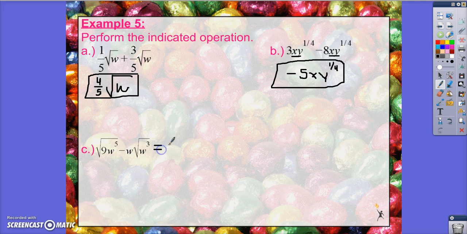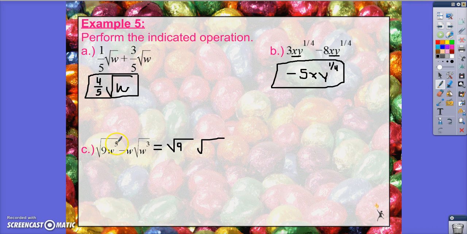I think I'm going to write up here for more room. So for the first piece, let's write our two square root symbols. We're going to split this up. All of my nice perfect squares are going to go here, and whatever's left over is going to go here. Let's assess from the beginning. Is 9 a perfect square? Yep. So we could put the 9 there. And I have w to the 5th. If I have a square root, I want multiples of 2 because it's a square root.